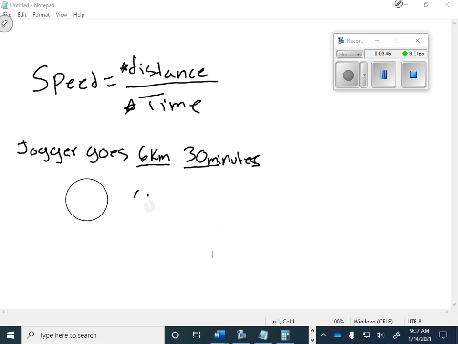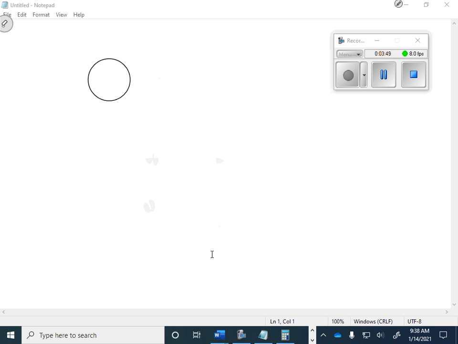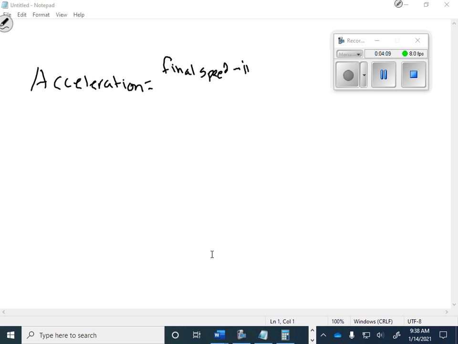Okay, and then we're going to do an example of an acceleration problem. So for this one, we're going to use our acceleration equation. Acceleration equals the change in speed, which is final speed minus initial speed, and divide that by time.